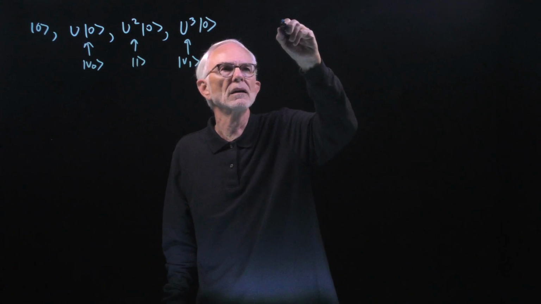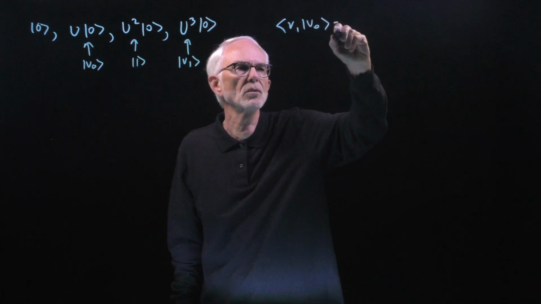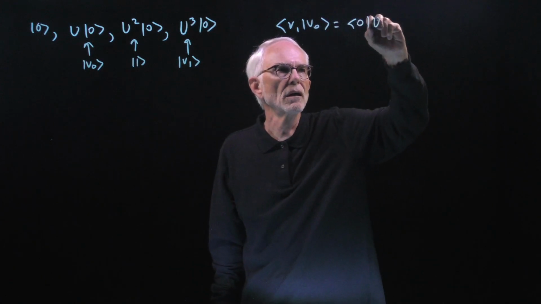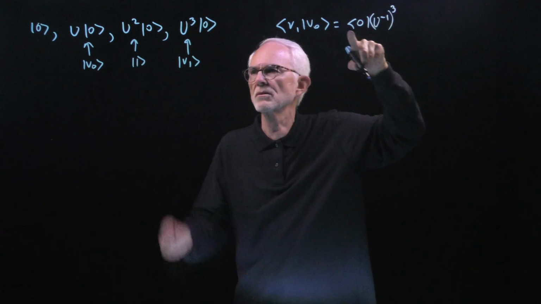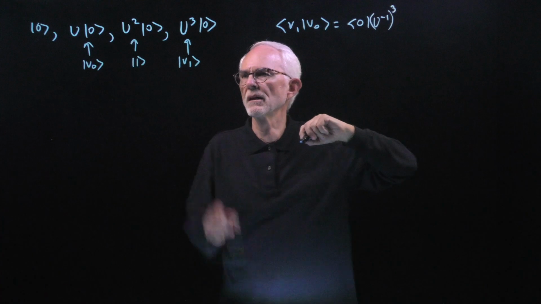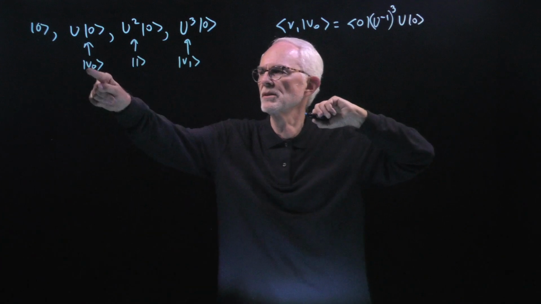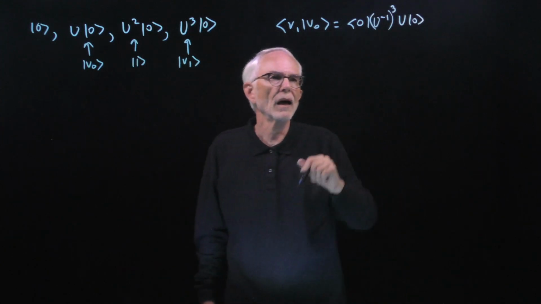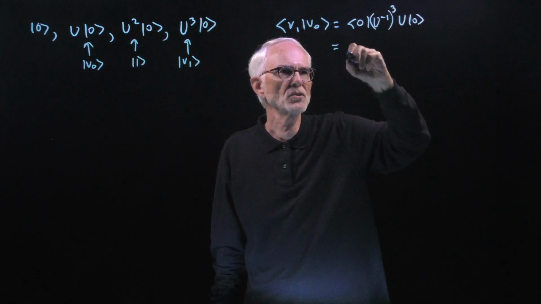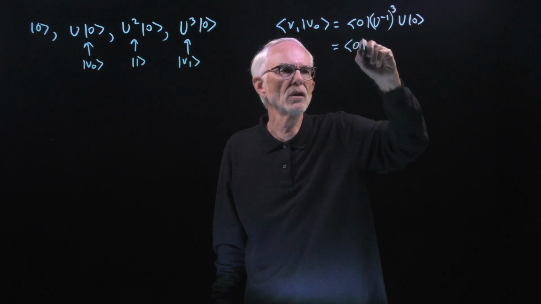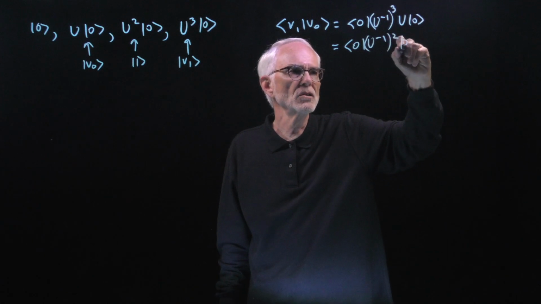So I'm going to take the inner product of V1 and V0, which equals 0 U inverse cubed, because that's the V1, and then I have U acting on 0, which is the V0. One of the U inverses is canceled, so I get 0 U inverse squared 0.